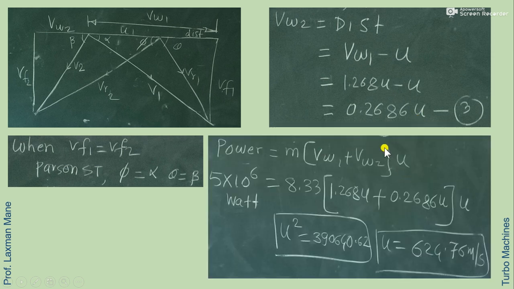After that, putting the expressions of Vw1, Vw2 in terms of u inside the bracket, with mass flow rate calculated, power in megawatt that you take in watt. So conversion is done by multiplying by 10 raised to 6, megawatt to watt. Here by solving this we get value of blade velocity.